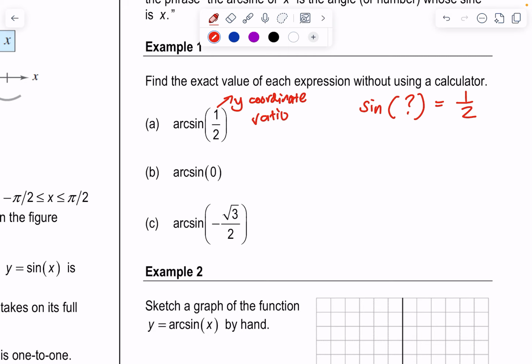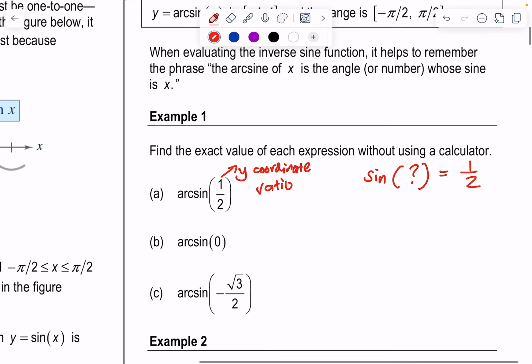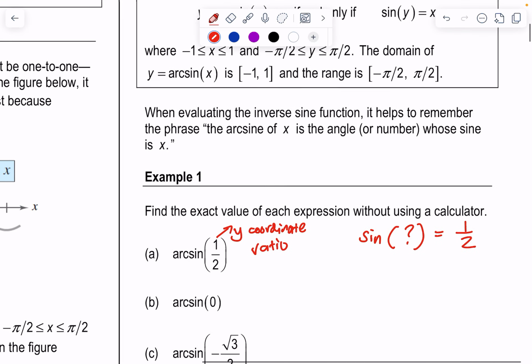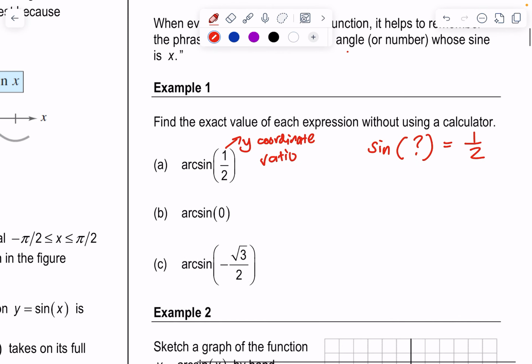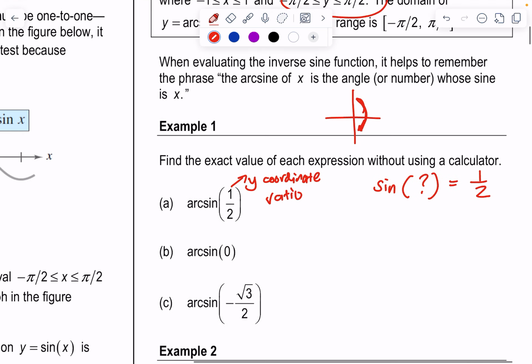Because we're looking at the sine function, and the sine function has a restriction, we're looking at only this section right over here. This is where pi over 2 is, and this is where negative pi over 2 is.